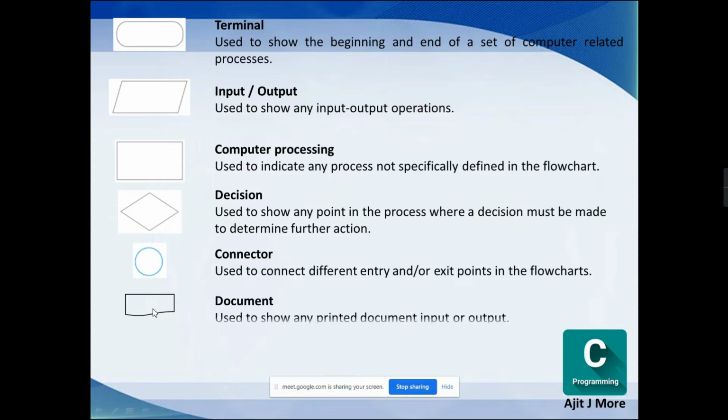In C also we have one chapter at the end, file handling. If in your algorithm, this record or this information is getting saved in a file and you want to show that, then you have to indicate it with this document symbol. It is used to show any printed document, input or output. And these are the connection lines.